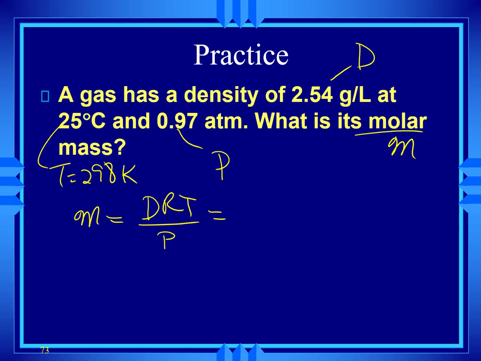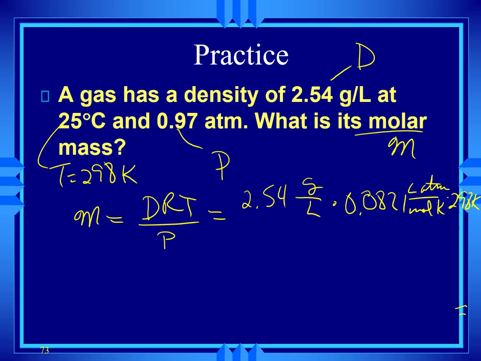So the density was 2.54 grams per liter, times R. I have to pick the R with atmospheres in it. So it's 0.0821 liter atmosphere over mole Kelvin times 298 K. Divided by 0.97 atmospheres.